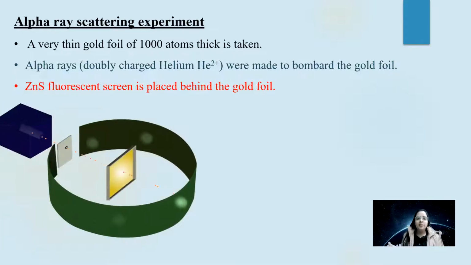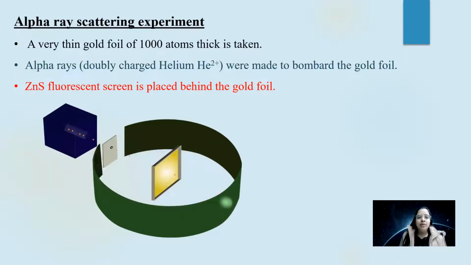What is the experiment? First of all, Rutherford took a very thin gold foil of around 1,000 atoms. He considered that this gold foil, this yellow plane, contains only 1,000 atoms. That means it is very, very thin.